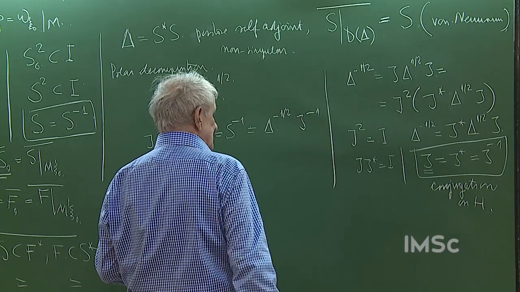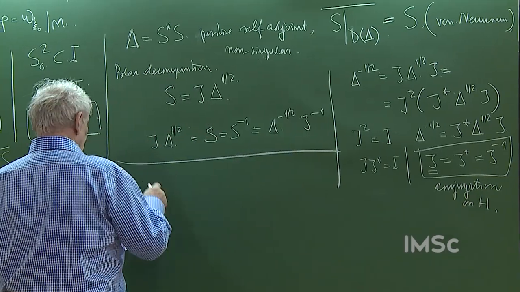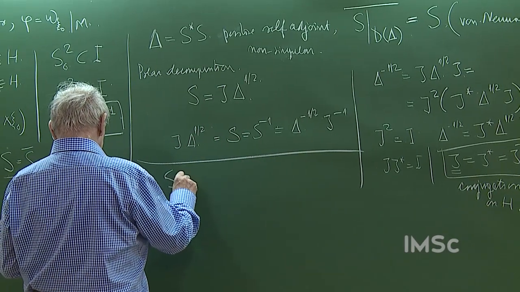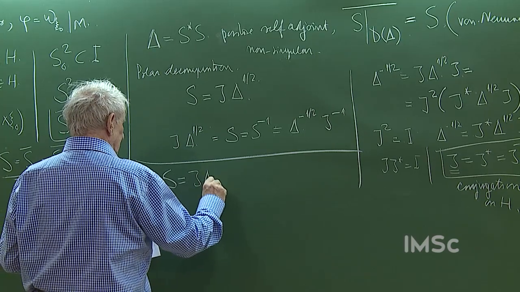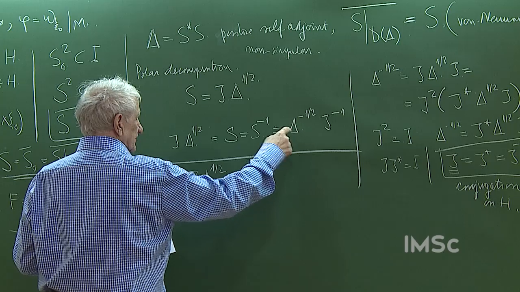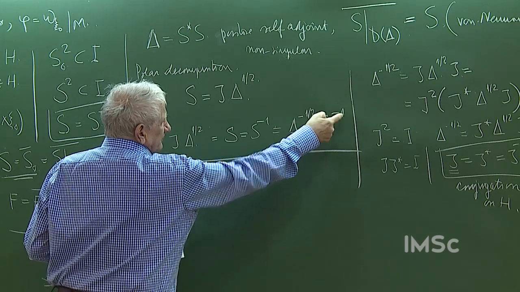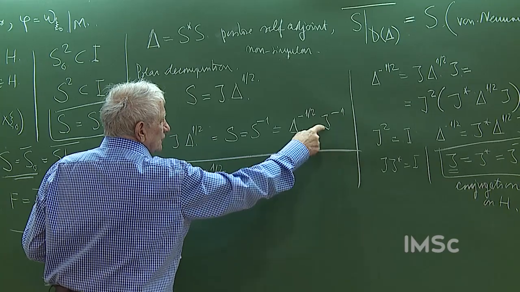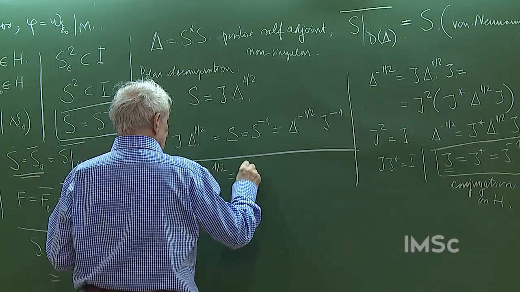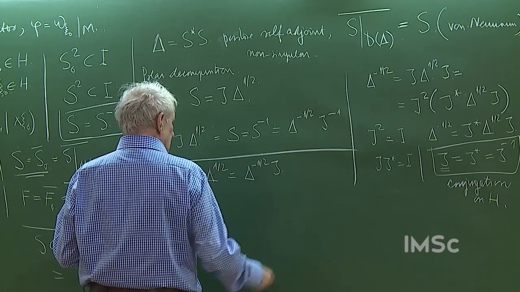Now, let me put also the following. S is equal to JΔ^(1/2), which, due to this relation in here, is Δ^(-1/2)J⁻¹, equal to Δ^(-1/2)J.